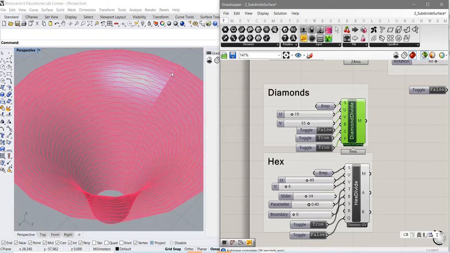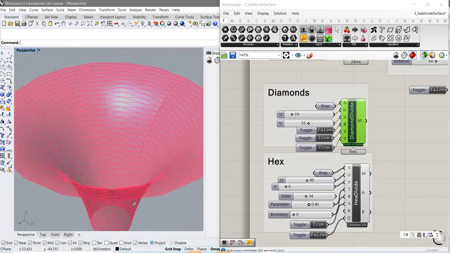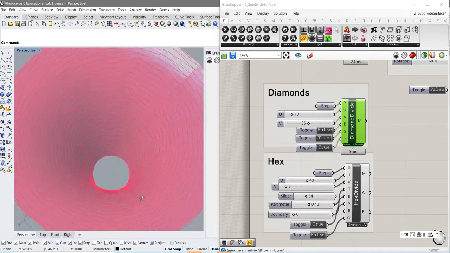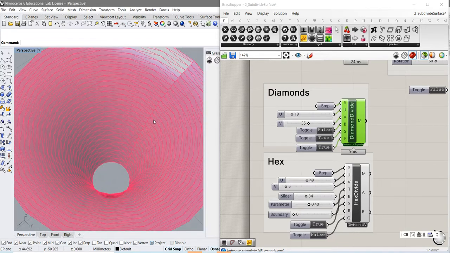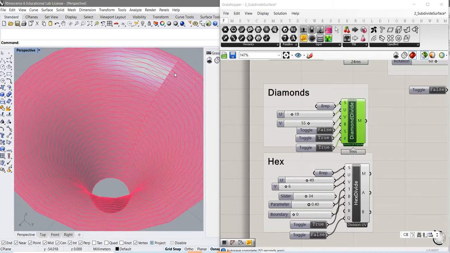Why is there a line? This is the seam of this surface, because if you unwrap it, this is one edge of the surface, and this one is also the other edge of this surface. Somehow this is a seam that merges the two sides of the surface into one.